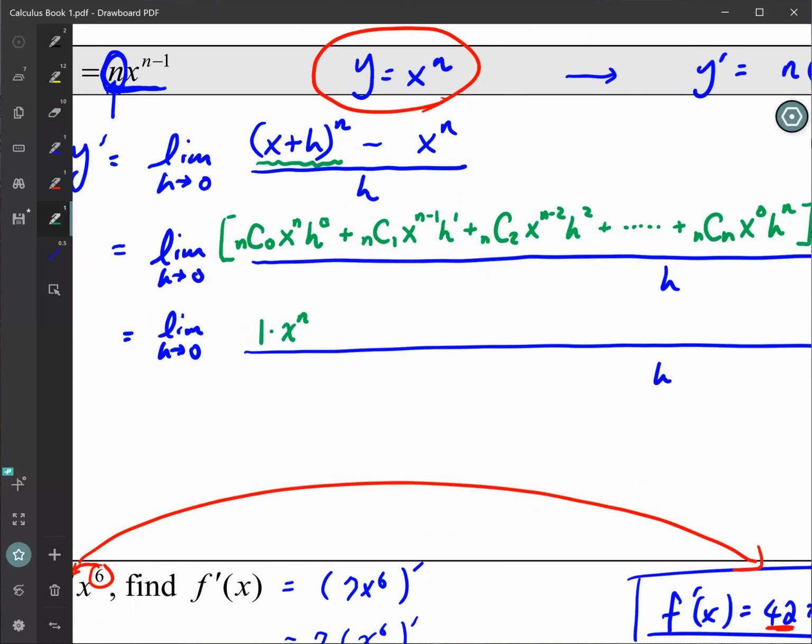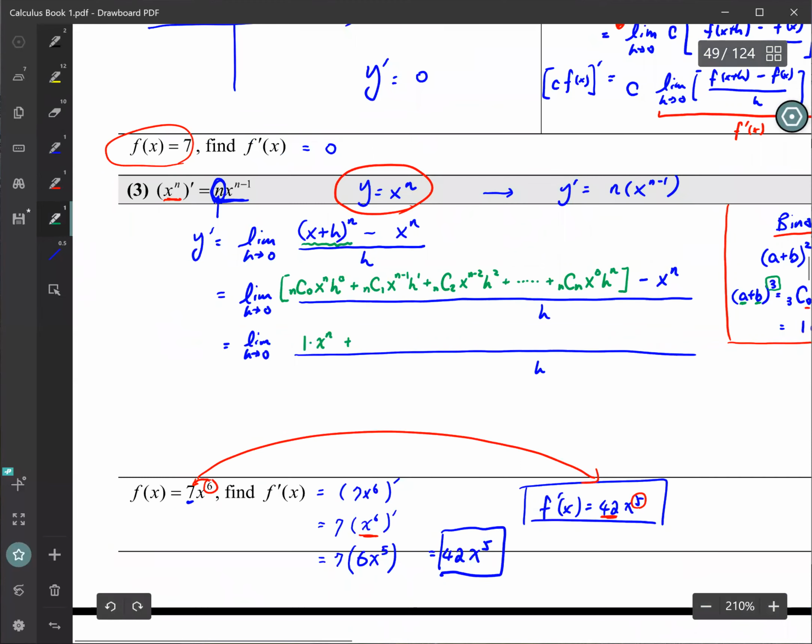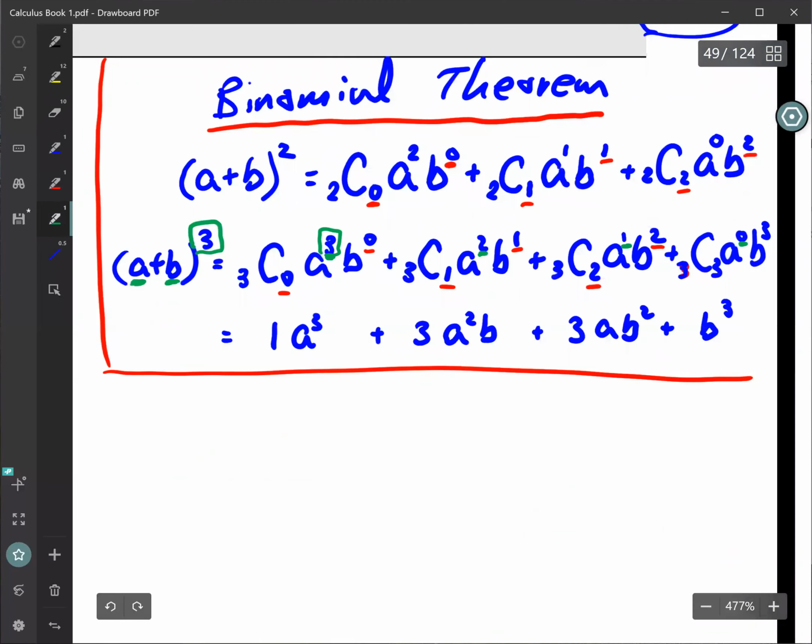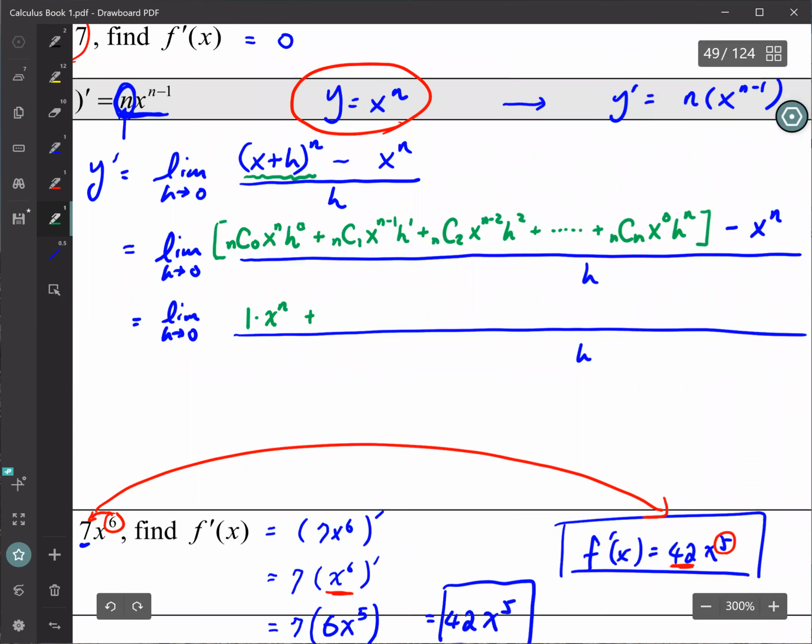So I'm just going to leave it blank. Now let's look at nC1. So if you look at the next one, 3C1 will be 3. Okay, if you try with the calculator as well, 5C1 will be 5, 7C1 will be 7. It'll be the same number as n. Okay, so nC1 will just be n.